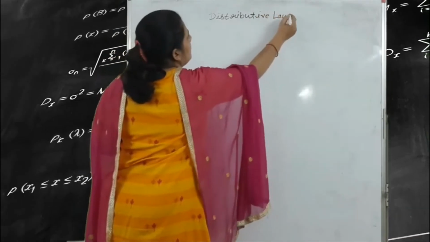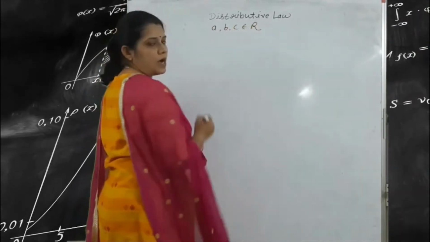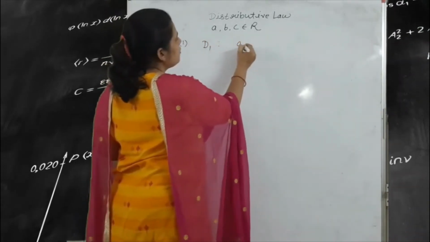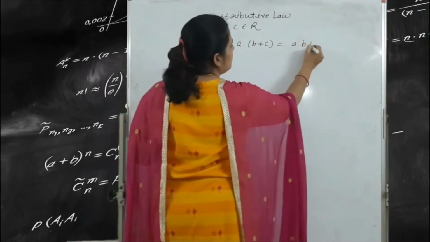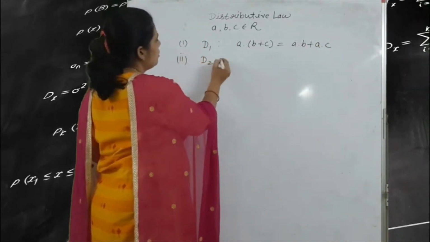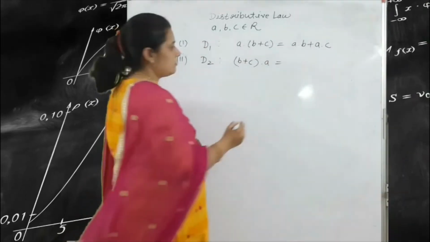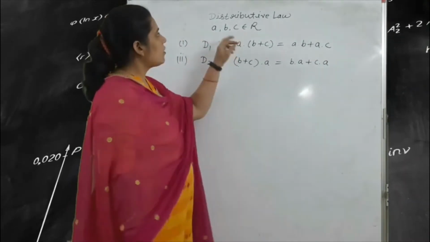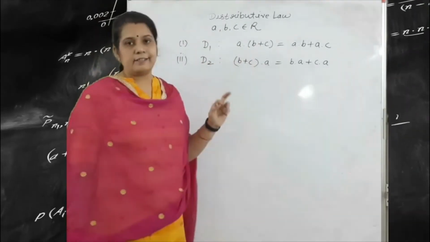Distributive law. Okay, so according to the distributive law, for example, A comma B comma C belongs to R. So the first condition, D1: A dot (B plus C) is equal to A dot B plus A dot C. Okay, and the second distributive law is (B plus C) dot A is equal to B dot A plus C dot A. That means according to the distributive law, we use both the multiplication and the addition operators.